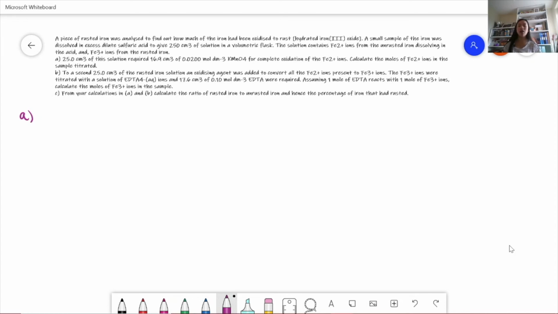And so these are the equations that we need to use in order to get the overall equation. So again, I'm just going to write the full equation, but if you hadn't remembered it, then of course you can write the half equations and put them both together.